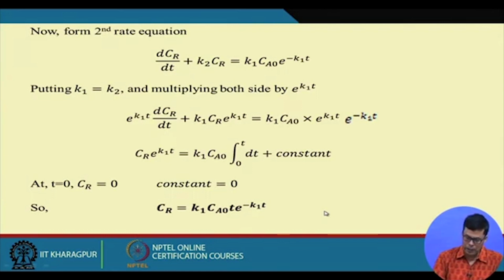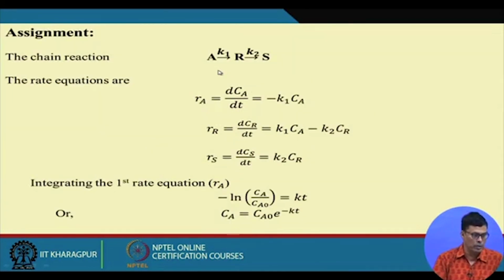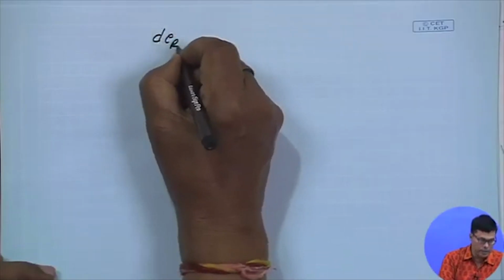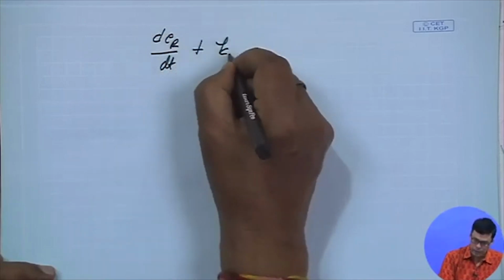Now if you come to the next step, the rate of formation of R, we have this equation already. How can we write that? dCr by dt plus K2 into Cr.